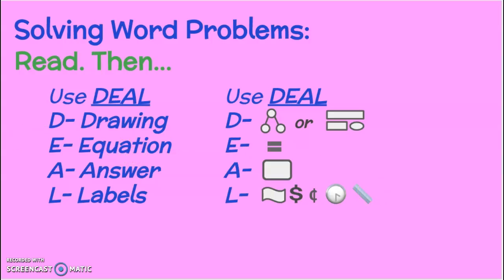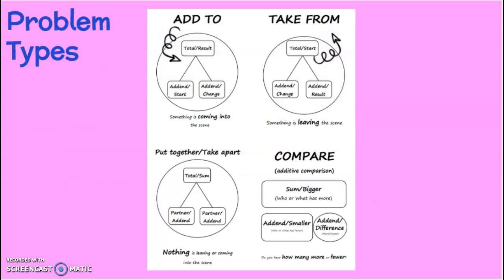And so here comes the problem types. There are 4 problem types that we will be solving this year. They are add to. See this curly cute arrow here? Something is coming into the scene. So that's when you get more or more people come. You're adding something. Something is coming into the scene.